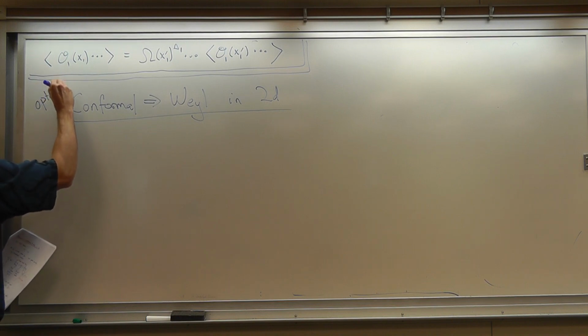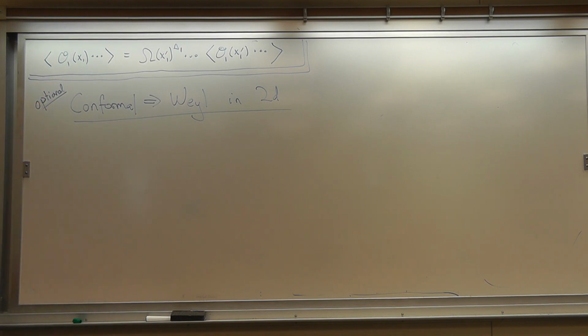So the final result is not optional. But we're going to do some stuff here which is sort of tricky, and if you haven't seen CFTs before, maybe you should just relax for a minute and absorb some fun.